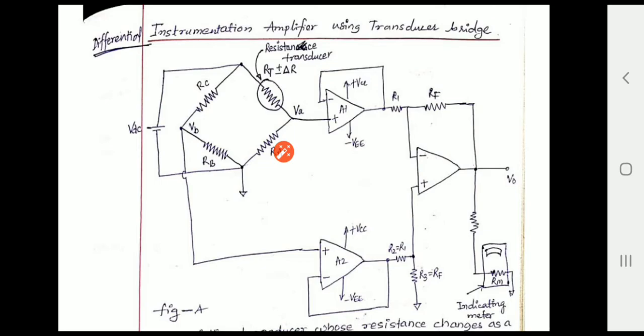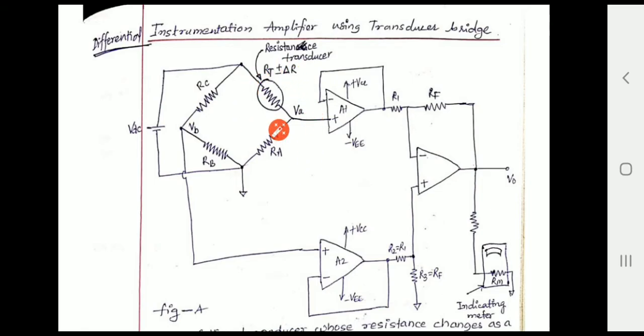Based on changing this resistor we can balance the bridge. If the bridge is balanced, then RC by RB equals RT plus or minus change in R divided by RA, or simply RT by RA.